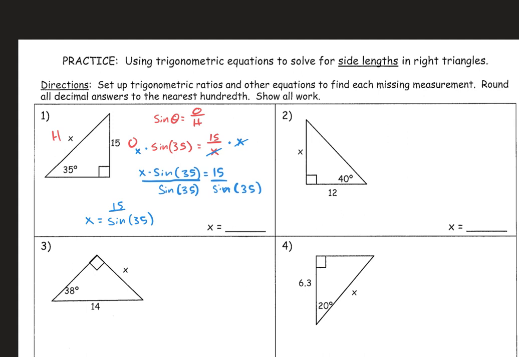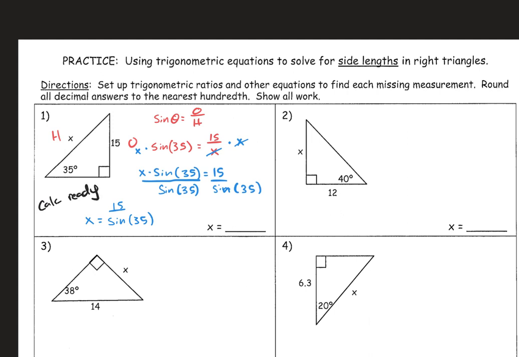The only thing that will separate sine and 35 is the inverse, which is day 2's topic. So for today, just make sure that if ever you multiply or divide, you take sine and the 35, or sine and the angle together. Cosine and the angle together. They move together.